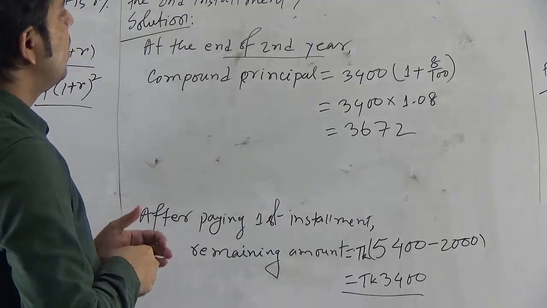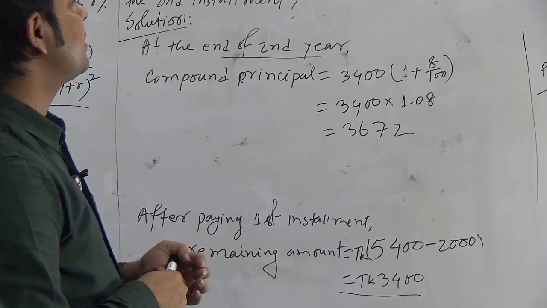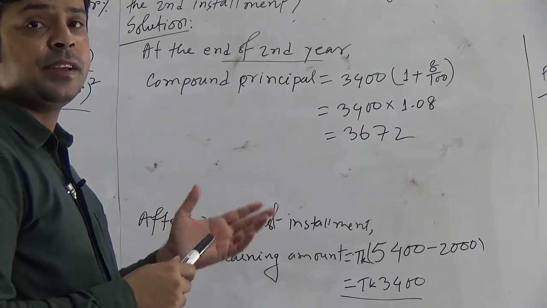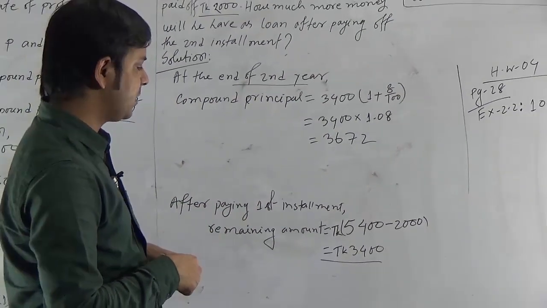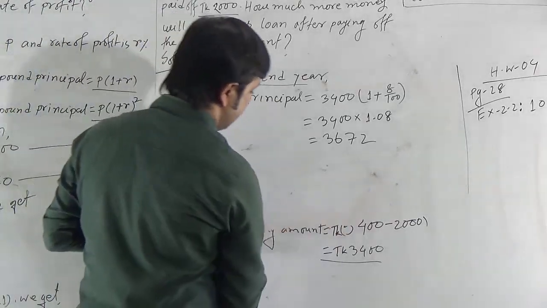Then how much money will the organization get? It means how much money needs to be paid after paying the second installment. So we have to pay the second installment now.